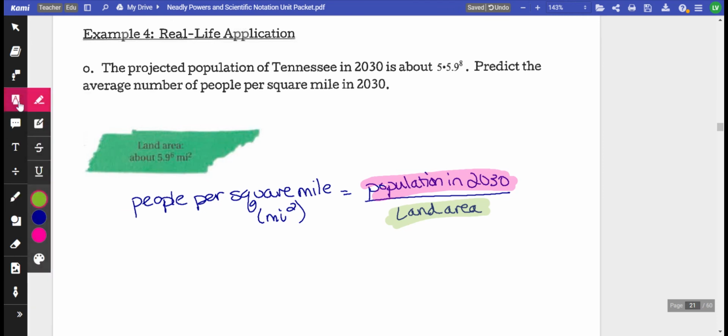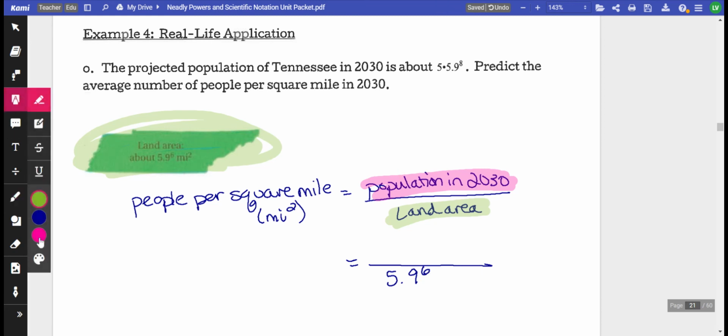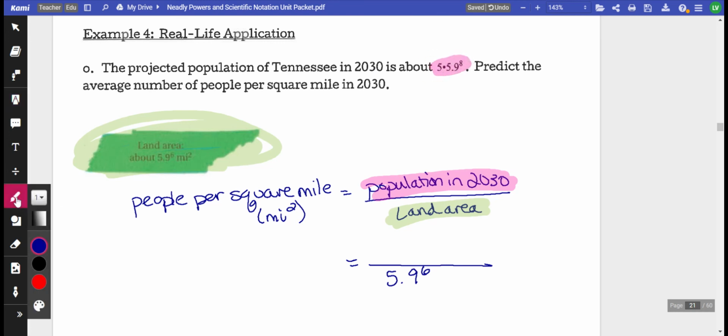Well, I can see from my little picture over here that the land area is about 5.9 to the 6th power square miles. Then the projected population in 2030 in Tennessee is about 5 times 5.9 to the 8th power.